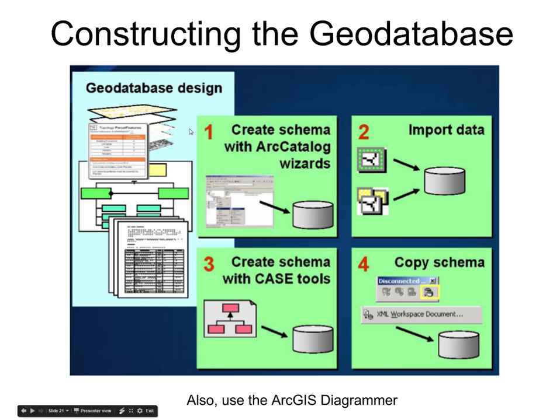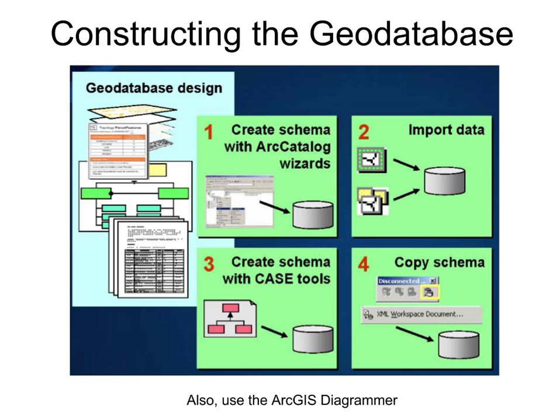So from there, how do you construct the database? You can create schema with some different wizards in ArcCatalog. If you have a database structure, someone could export it to XML, and then you could import it using ArcCatalog. From there, you import data. Importing data creates structure similar to that of those imported.